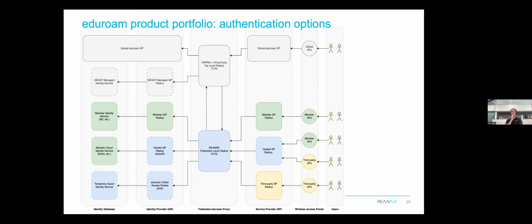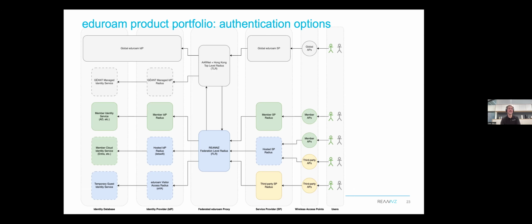Now, this is a more involved version of the diagram that shows the other options of how the authentication could happen. In green on the left-hand side, the member IDP, member identity service, is what we had on the previous slide.